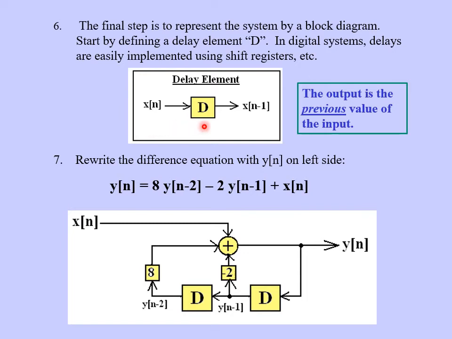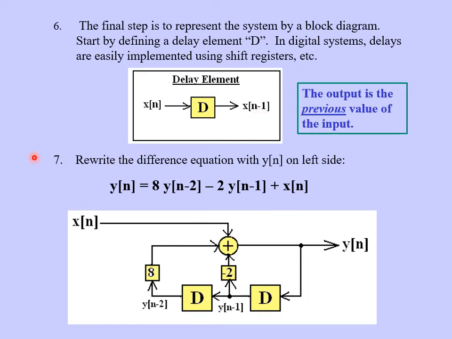For our purposes in this course, a delay element is just a little box with a D for delay, and all it does is take a signal coming in, in this case x of n, and what comes out is x of n minus 1. It just delays it by 1. That's the purpose of a delay element, a very simple discrete time block diagram component.